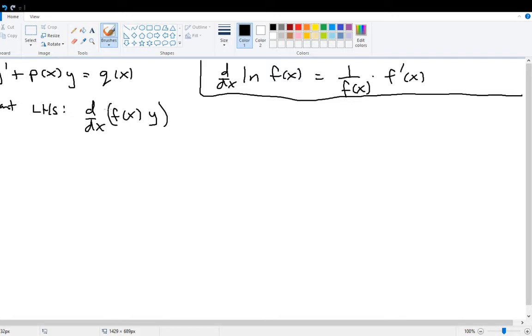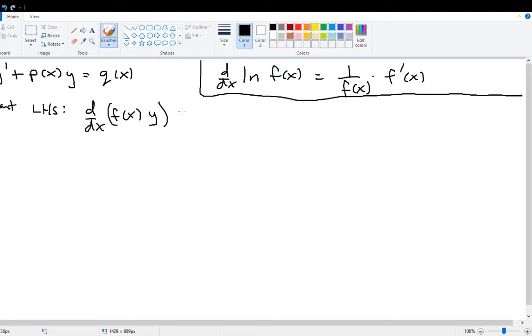The reason we want this is that if the entire left-hand side is a derivative of something, we can integrate both sides with respect to x, and that will give us y on the left-hand side, and hopefully we can isolate for y. So the question becomes, what should I choose f of x to be in order to make it look like this?